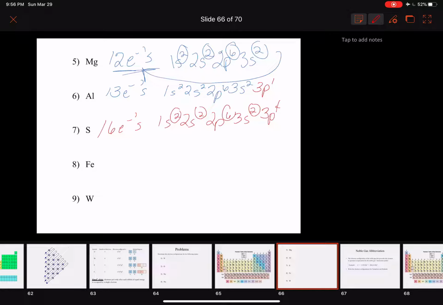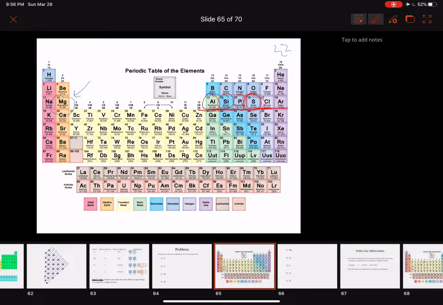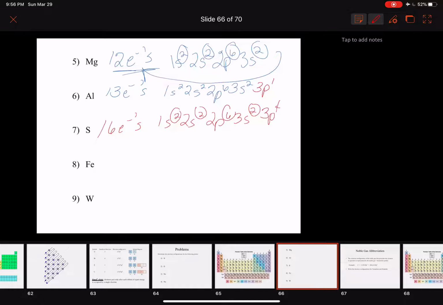Okay, iron. Iron is in the transition metals. So we are right here at atomic number 26. So we've got 26 electrons to put somewhere. So let's just write for iron, we've got 26 electrons.